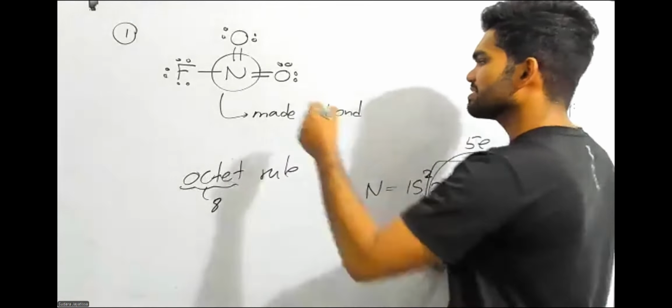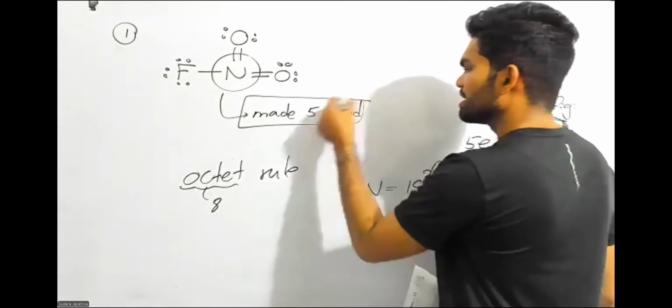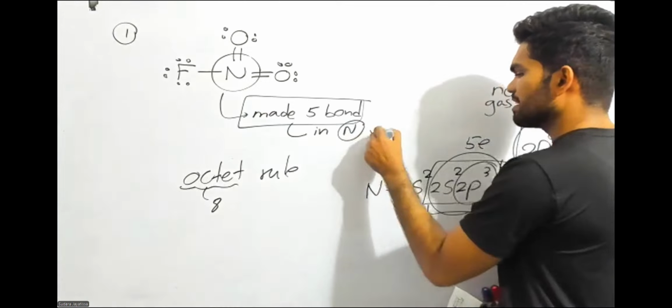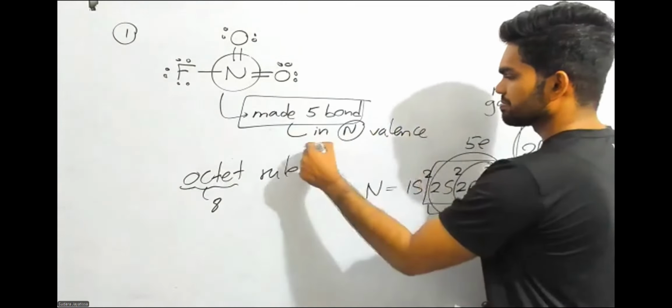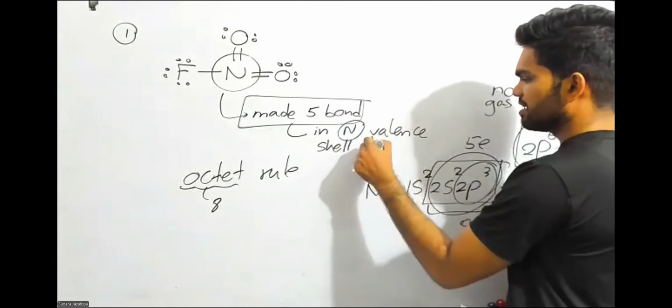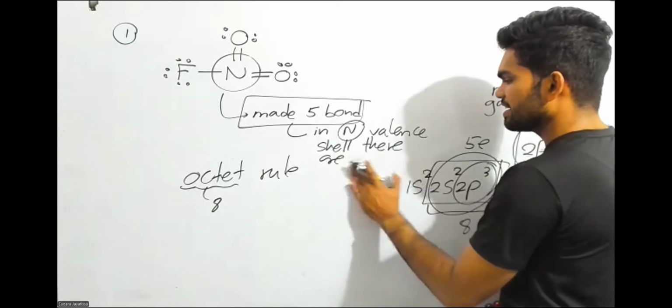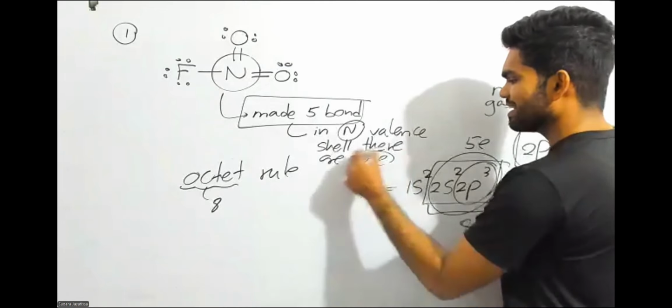But in this structure, it has made 5 bonds. That means in the nitrogen valence shell there are 10 electrons, because 5 bonds means 10 electrons.